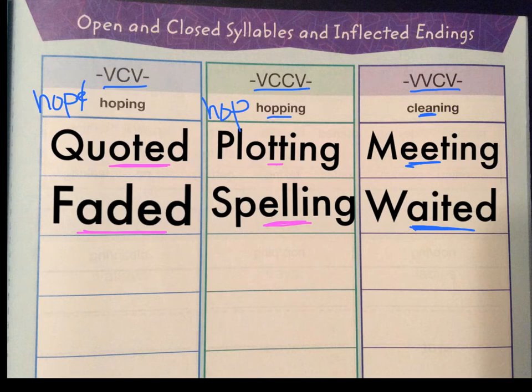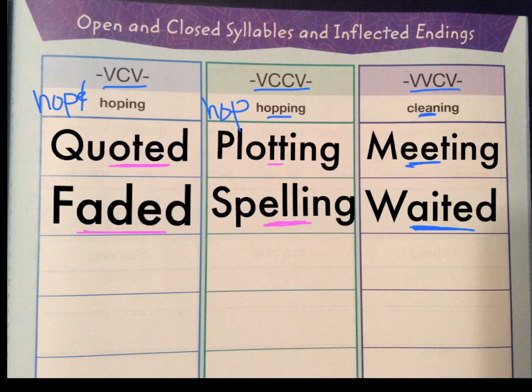So right now on your mat, you should have quoted, faded, plotting, spelling, meeting, and weighted. What I would like for you to do now is sort the rest of your words based on where they belong. Do they go in the first column where we had to take off the E and add ing, like what was happening in hope and quoted and faded?